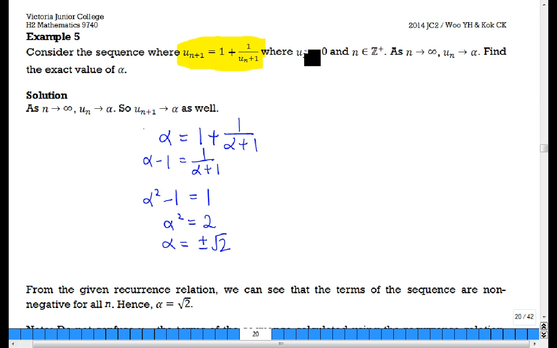And the first term is also not negative, it's just 0. There's no way the next few terms will ever be negative, because there are no negative signs. So by logic, from the given recurrence relation, the terms are non-negative, therefore you can reject negative root 2, therefore alpha is root 2.